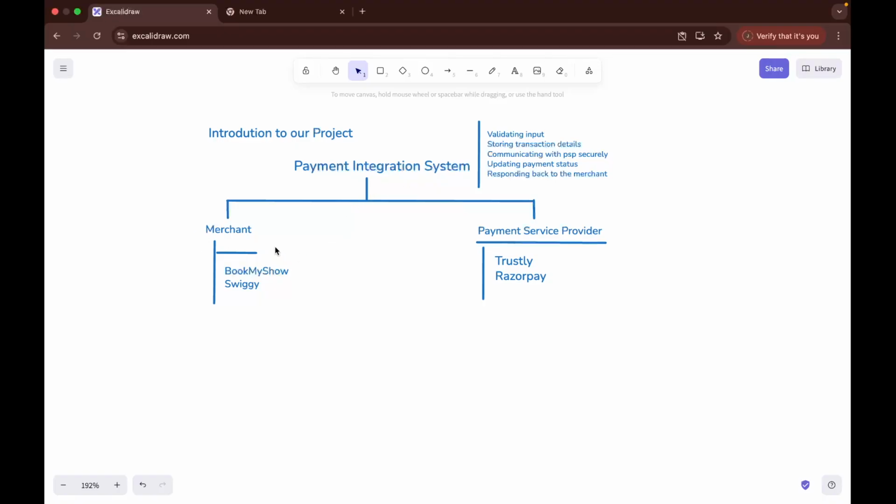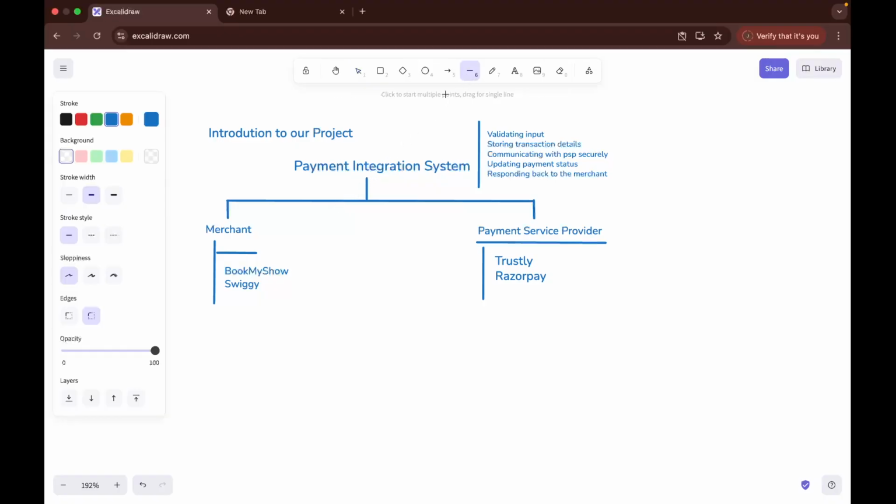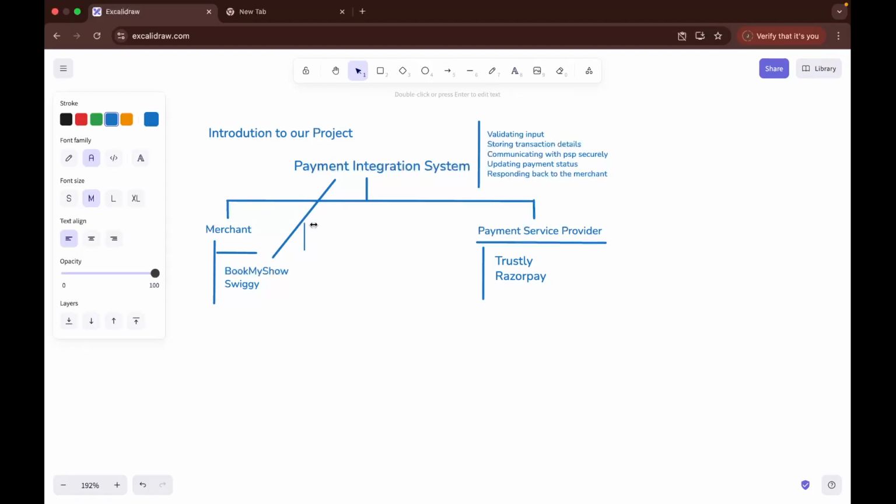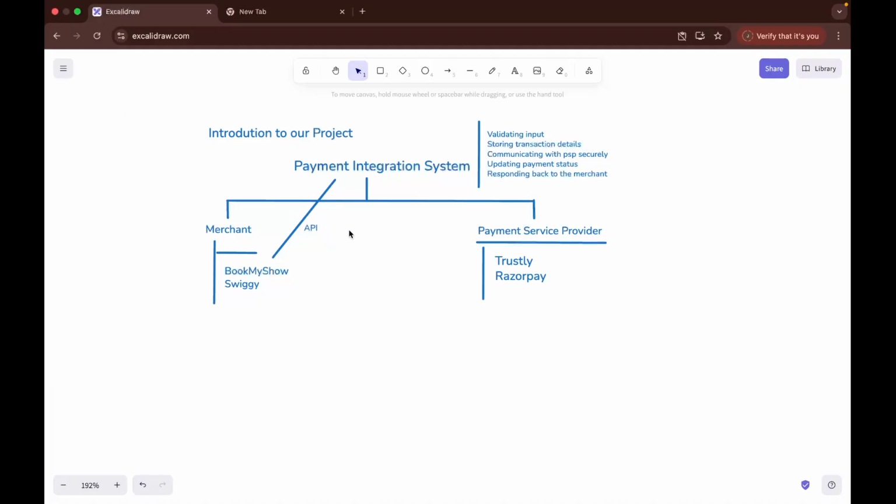A merchant app sends a payment request using a REST API, secured with HMAC SHA-256.